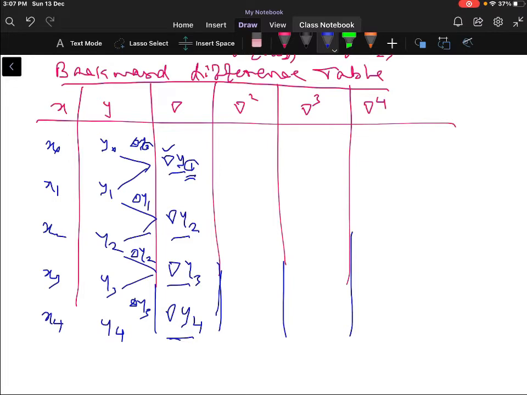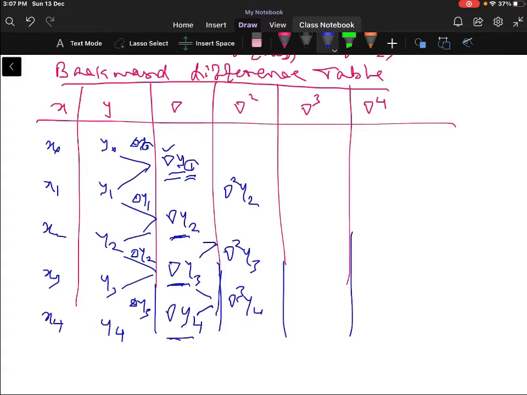Similarly, we can define the second backward differences. That is the difference between nabla y2 and nabla y1, that is nabla square y2. Nabla square y3 is nabla y3 minus nabla y2. Nabla square y4 is the difference between nabla y4 and nabla y3.